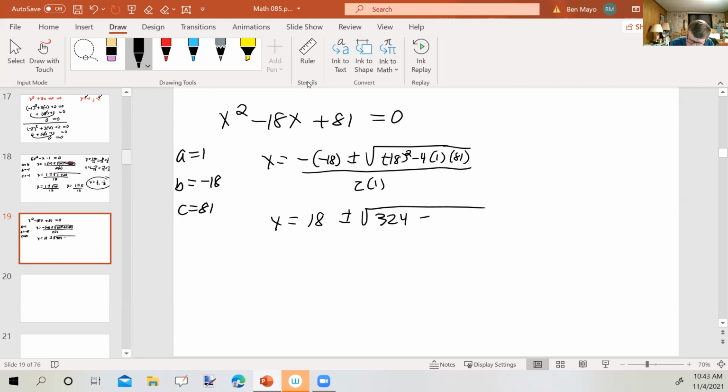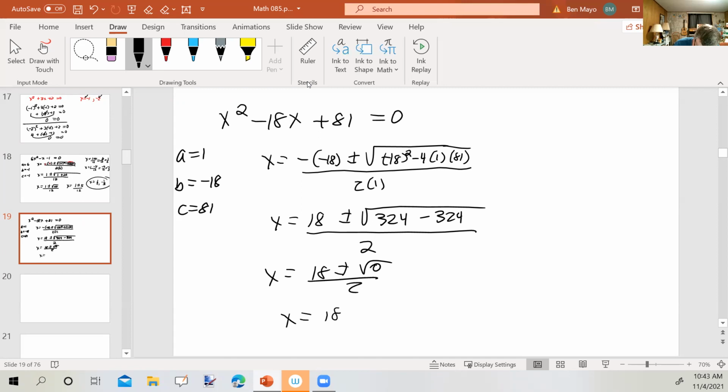And then -4 times 1 would be -4, and -4 times 81 is -324, all over 2 times 1 or 2. So x equals 18 plus or minus the square root of 0 over 2. X equals 18 plus or minus, well, the square root of 0 is 0 over 2. Well, 18 plus 0 is 18, and 18 minus 0 is 18.